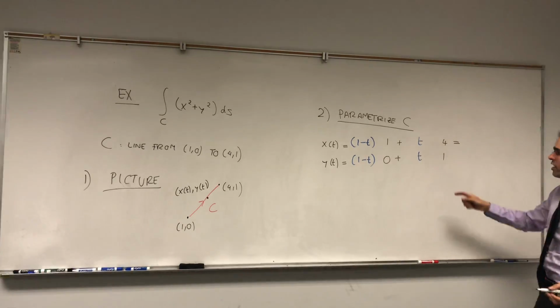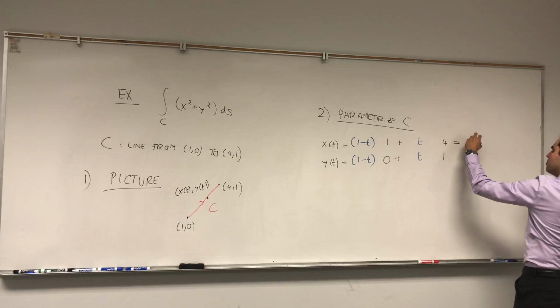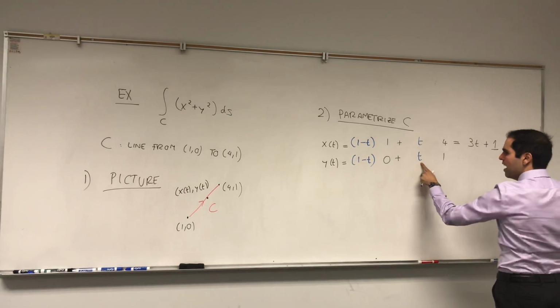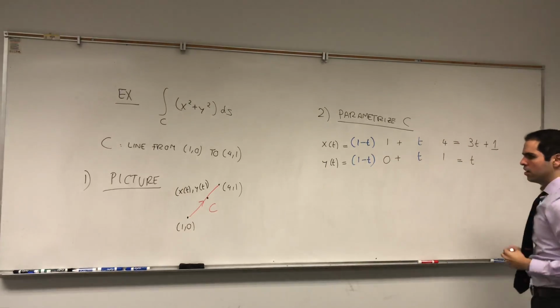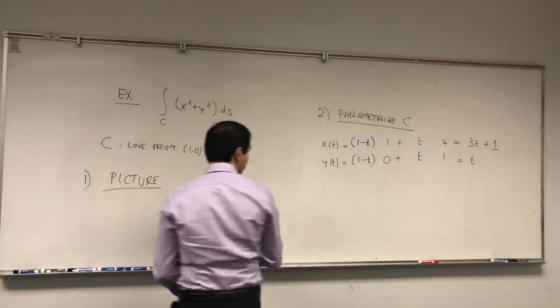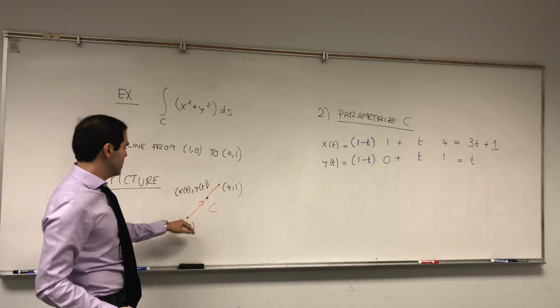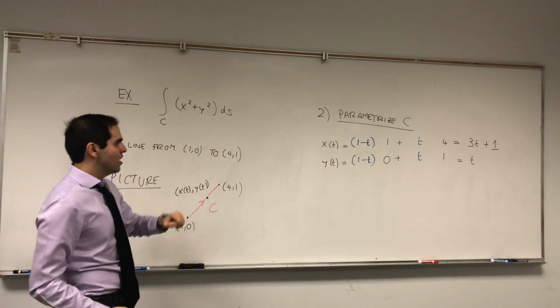And this you can simplify. 4t minus 3t becomes 3t, and then plus 1. And here, t is just t. Which, if you'd like, makes sense. In other words, if you start at 0, the altitude should go from 0 to 1. That's why it's t.